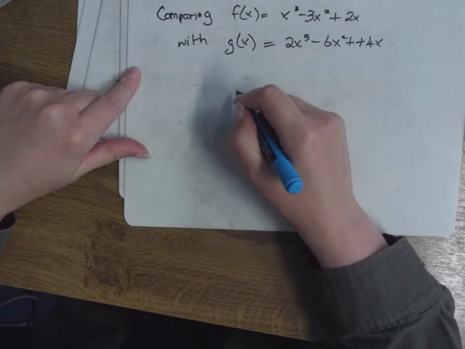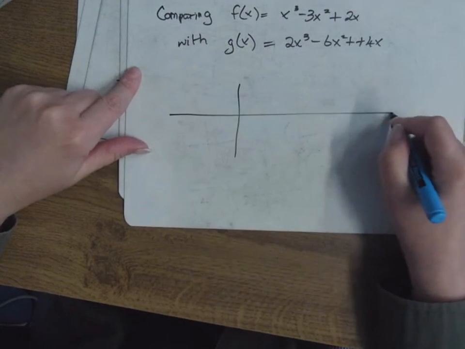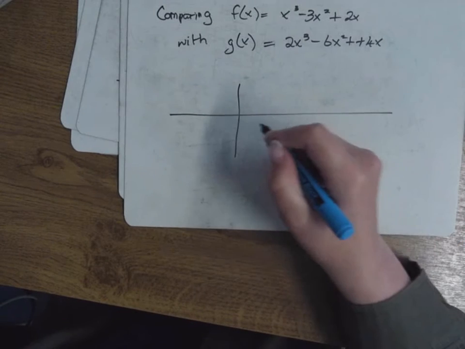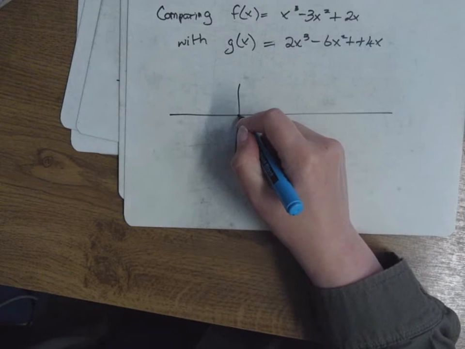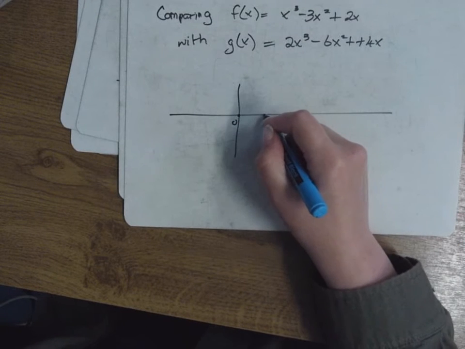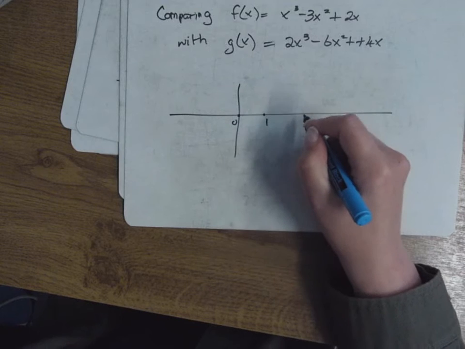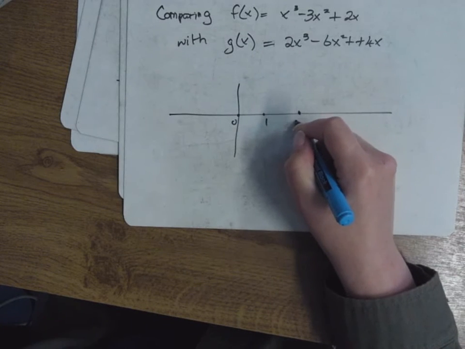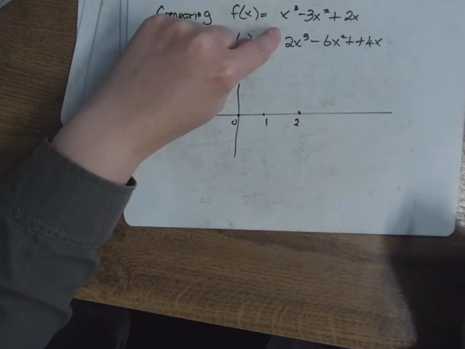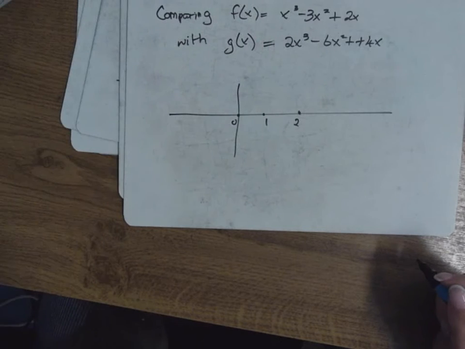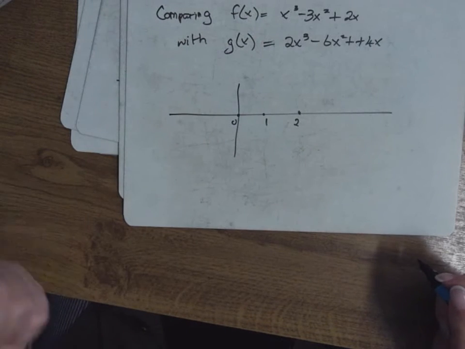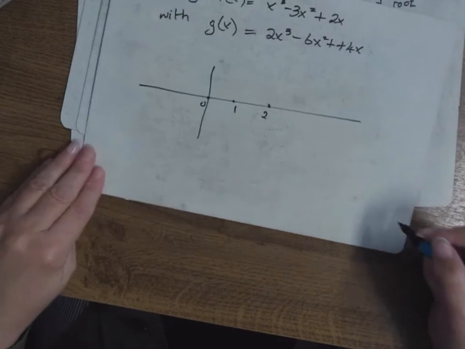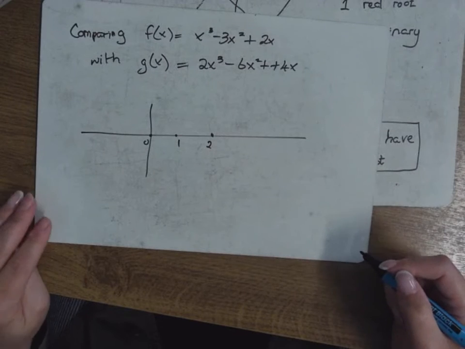Right, okay, if I was to draw the top one, if I was to solve, it would cross at 0, it would cross at 1, and it would cross at 2. So if you were to solve it, those are the three points that you would get.